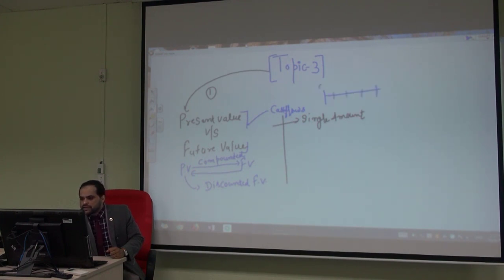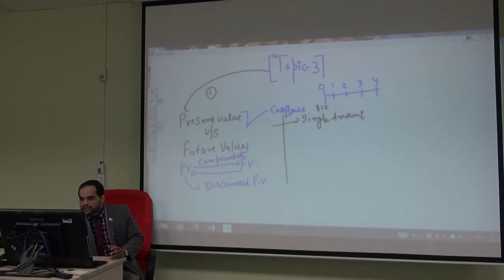So that's 0, 1, 2, 3, 4. You invested right now, let's say right now, $1,000 for the next 3 years.